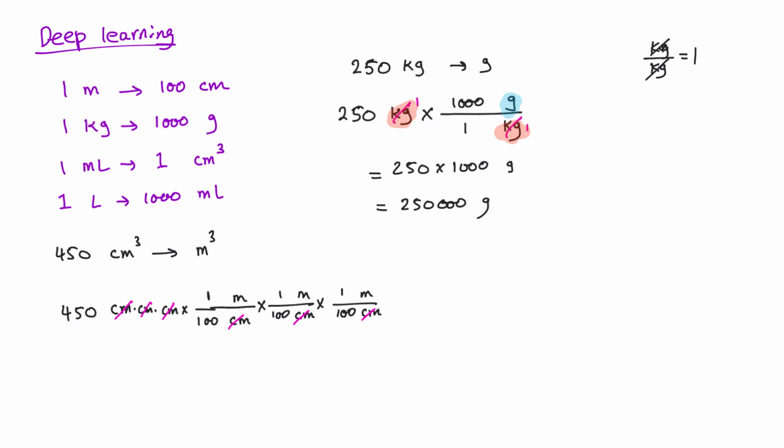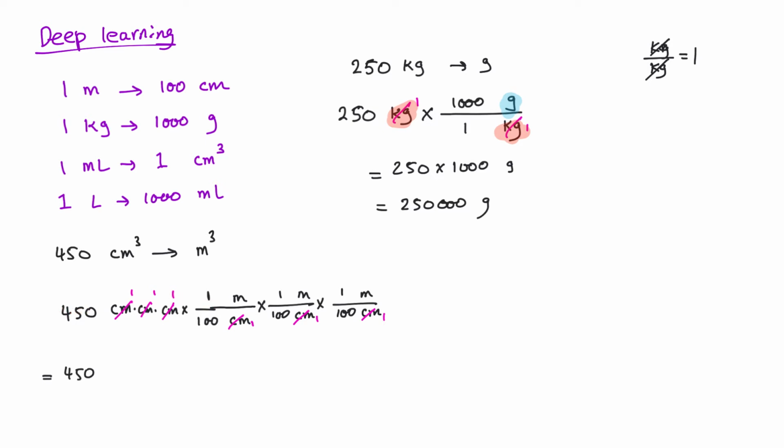meters cubed. To finally write this, it becomes 450. Note that all of these have changed to 1, because when we divide centimeters by centimeters, we just get 1. I don't have to write the multiplication. 450 times 1 times 1 times 1 is still 450.